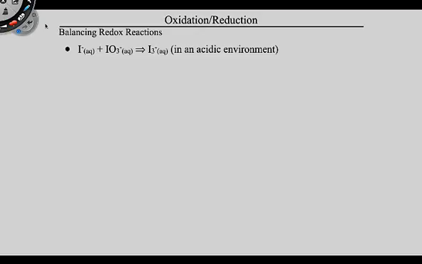Okay, so the first thing that we've got to do is split this into half reactions. Now guys, on this one, it's a little simple because you've only got one product. So both half reactions have got to end up in the same product. So one of your half reactions will be this going to this.